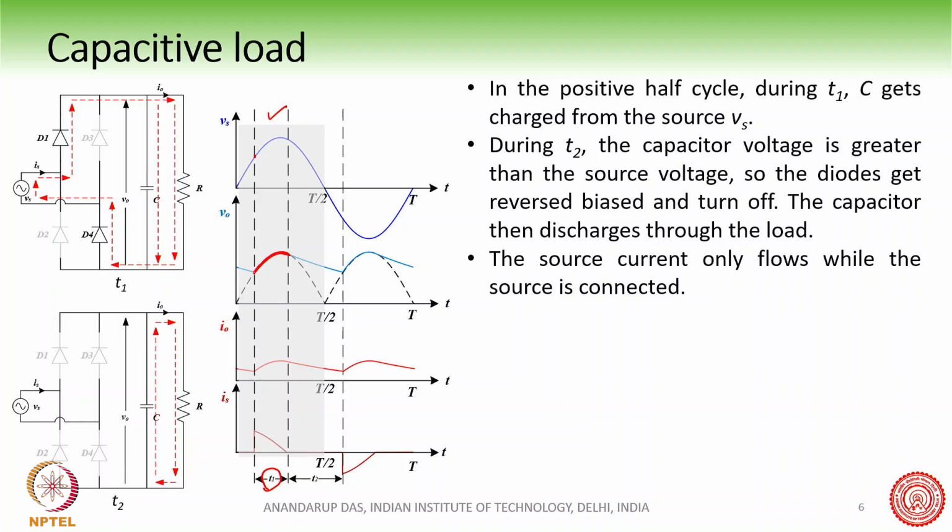This part of the AC voltage comes across the load because the two diodes D1 and D4 are conducting.